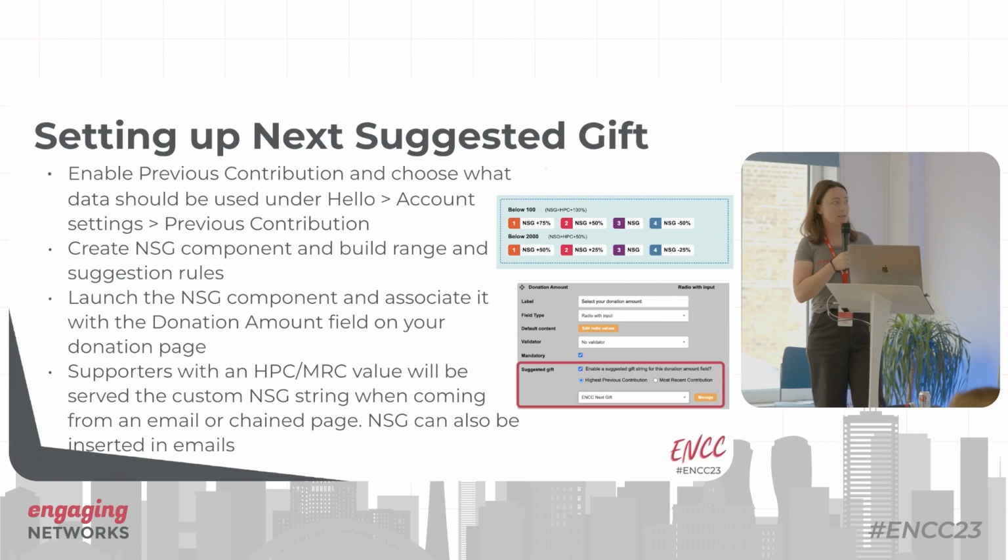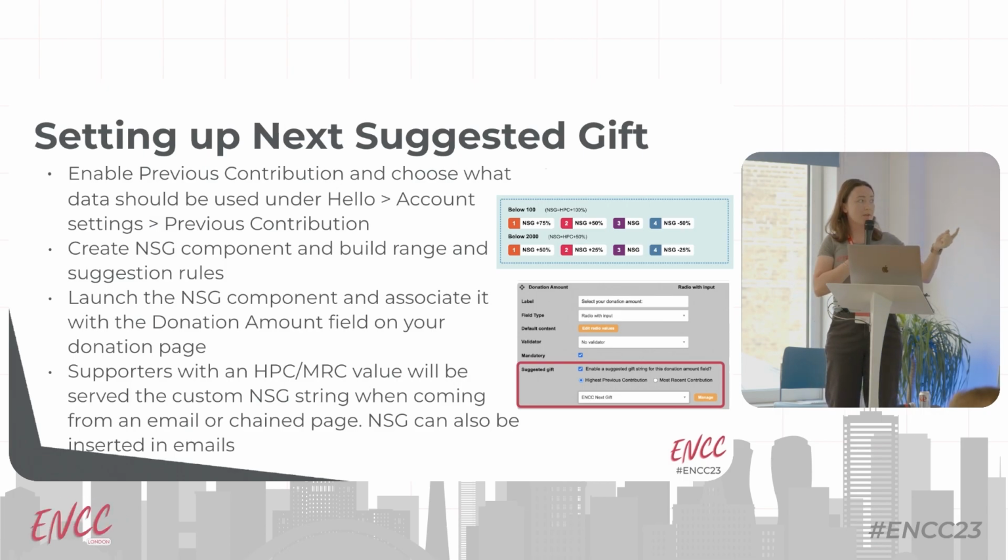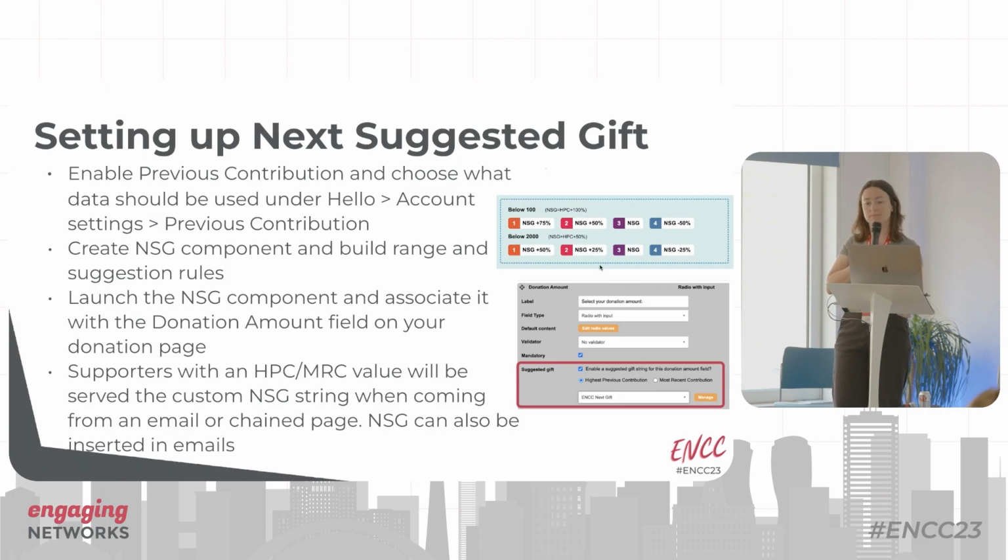In this case, we have highest previous contribution plus 100%, so effectively doubling the highest previous contribution is that next suggested gift value, so that's this value. And then we've built out additional amounts around that.